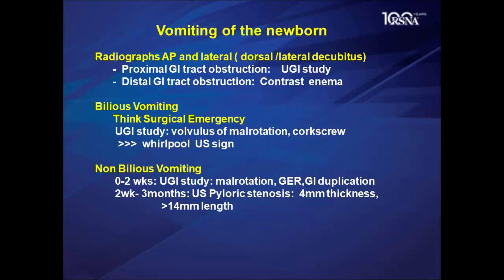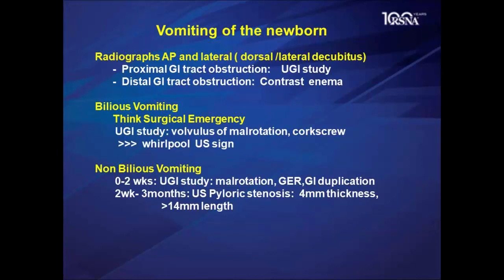We will see examples of that through contrast study of the upper GI tract, but nowadays more elegantly also with ultrasound, the so-called whirlpool sign. Now when it's non-bilious vomiting, then we have to deal with more frequent pathology, maybe just a malrotation, malfixation of the duodenum, or maybe we are dealing with GE reflux, or maybe there is a duplication of the GI tract causing that obstruction.